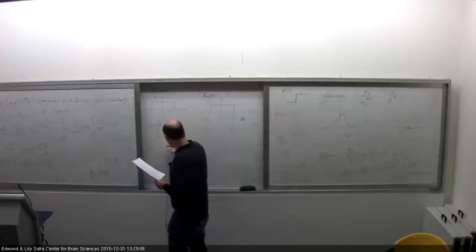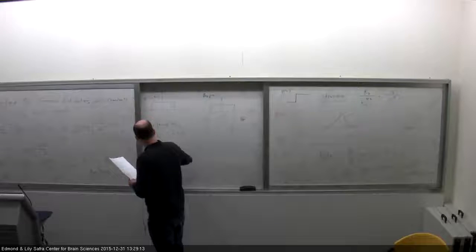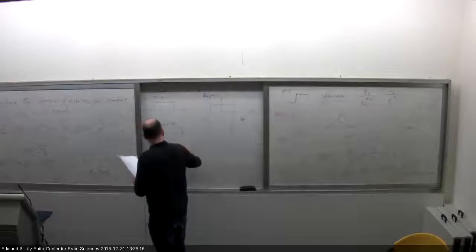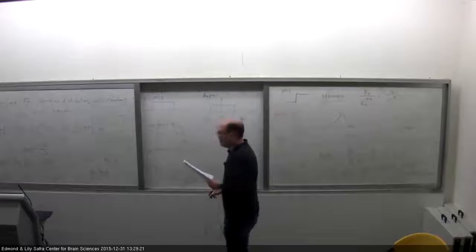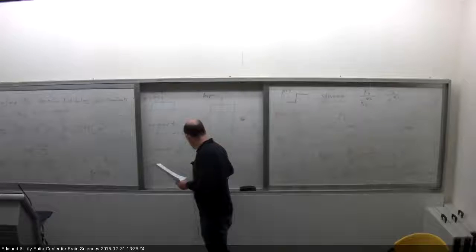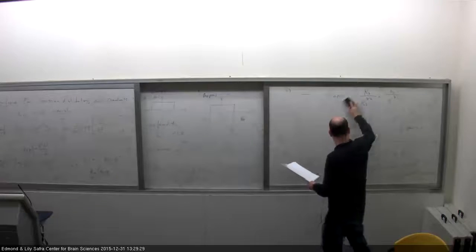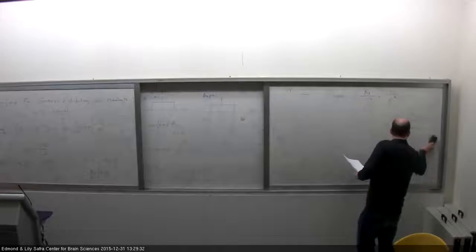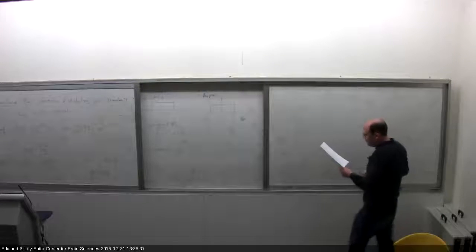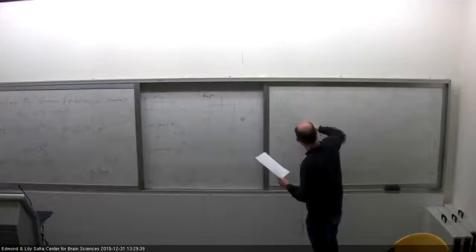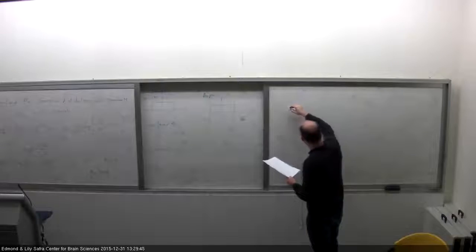For a Gaussian distribution, P of x looks like a Gaussian, log P of x looks like a parabola, and the kurtosis, as we mentioned, is 0. Last example that I want to mention is a function called the logistic function. I will define it in a moment. And it kind of looks like this.